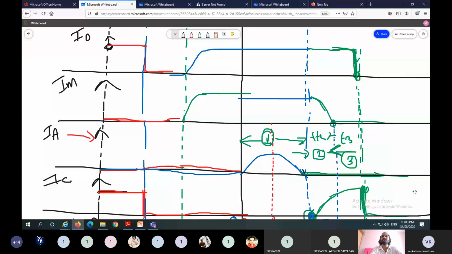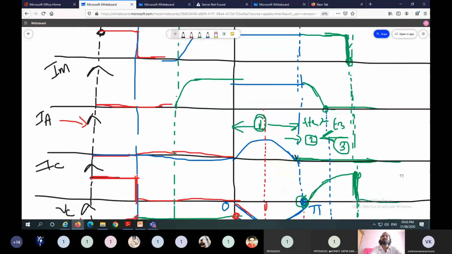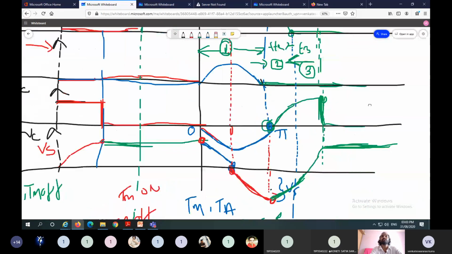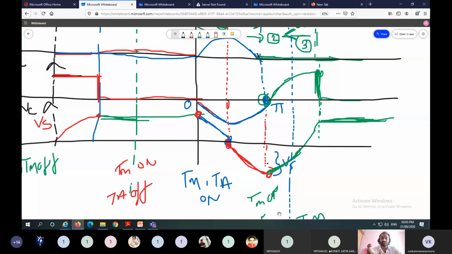Reverse blocking mode means the time for which there is negative voltage across the device. If you take the voltage across the capacitor, the voltage across the capacitor is nothing but the voltage across the auxiliary thyristor.